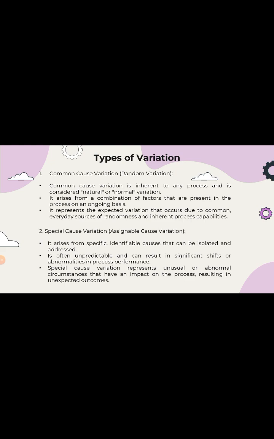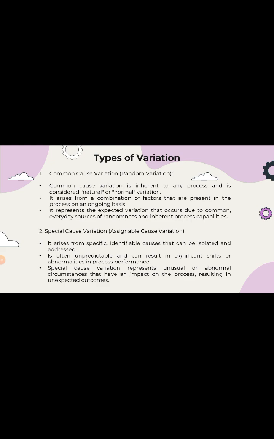So if there's a need for an ASAP solution to the problems of the company, special cause variation is used. But there are two common mistakes we make in the company. The first mistake: we don't recognize that the one we use is special cause variation, so we lose the opportunity to improve the system.